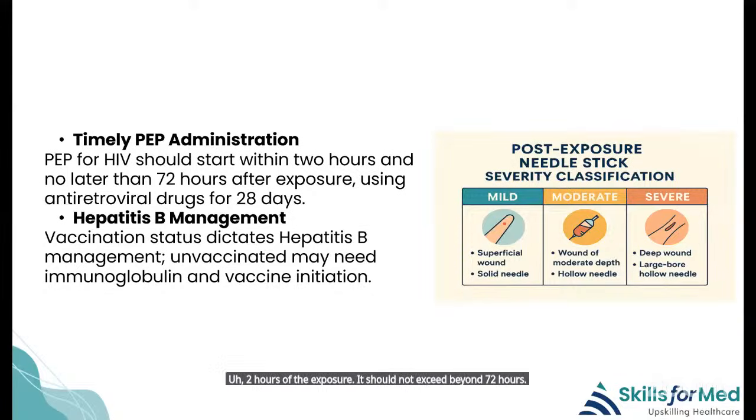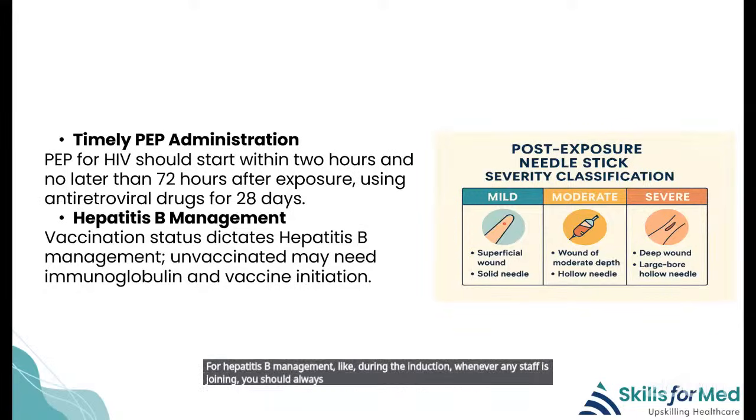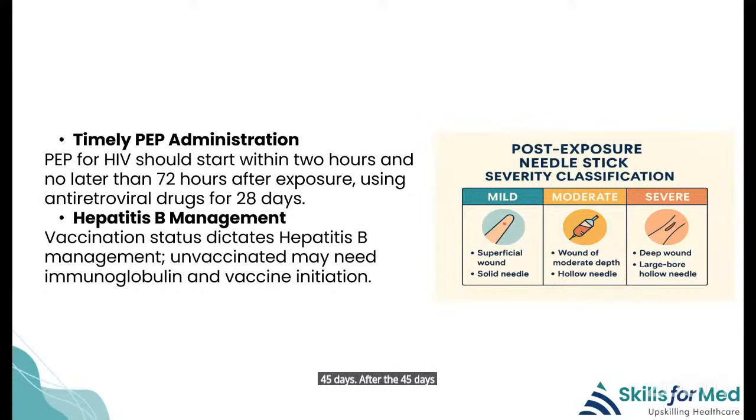For hepatitis B management, during the induction, whenever any staff is joining, if a staff has not got the vaccination, you should always go for the hepatitis B vaccination. As per the guideline, you should always go for the 0, 1, and 6 dose. After the third dose is completed, after 45 days, you should go for the titer value.